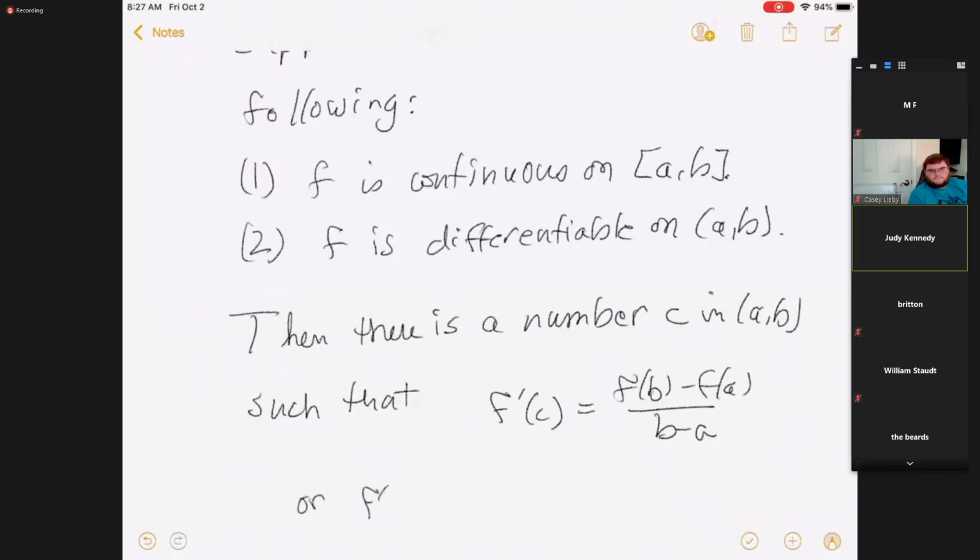Equivalently, f prime of C times B minus A.